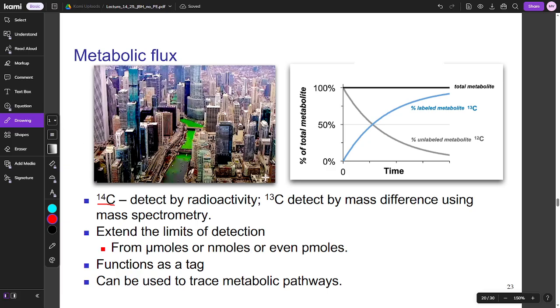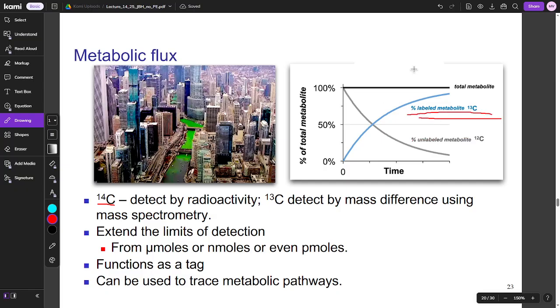So you can use carbon to figure out how much metabolite you have in your system. For example, you obviously don't know how much labeled metabolite there is unless you have a labeled amount.